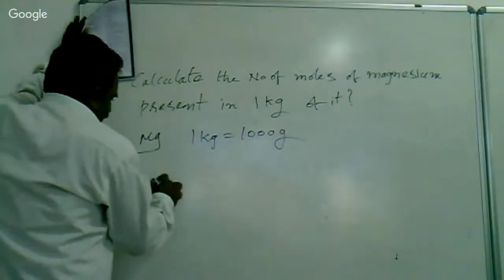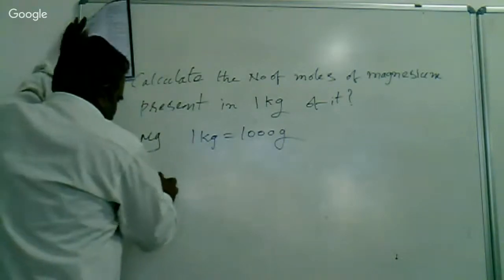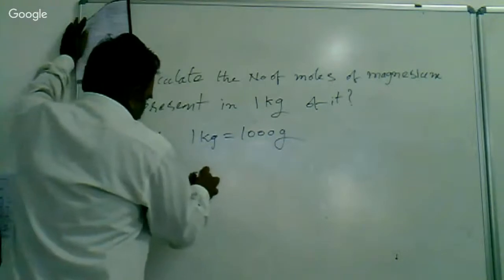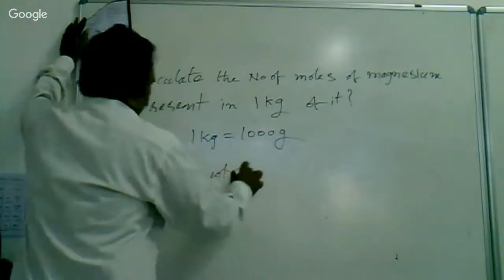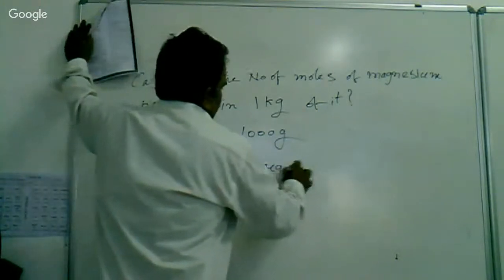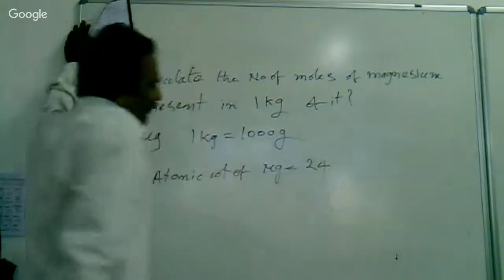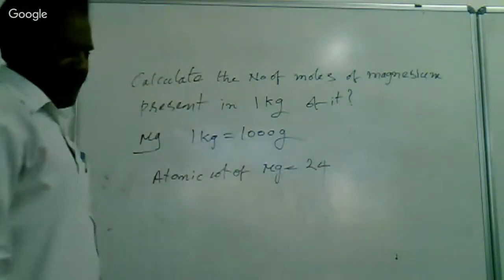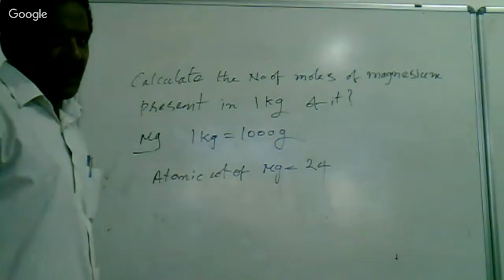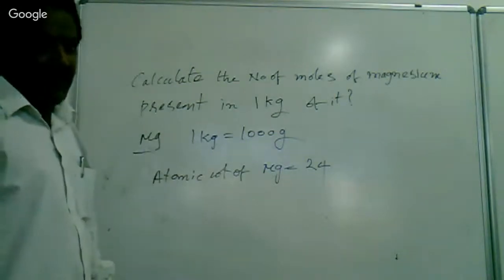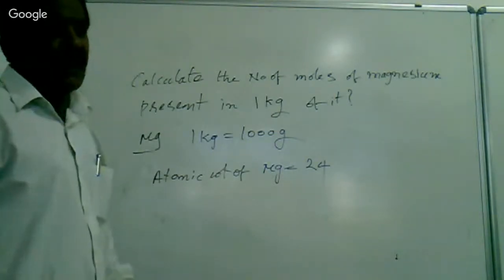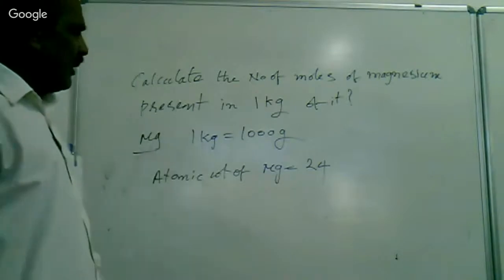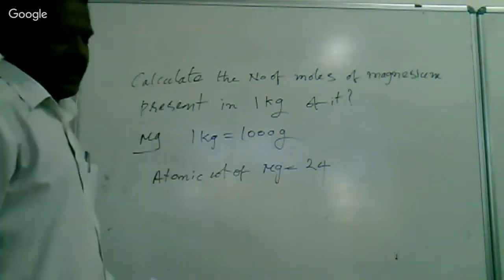So what is the atomic weight of magnesium? Atomic weight of Mg is equal to 24. Why? Because magnesium's atomic number is 12. Usually the atomic mass is twice that of the atomic number, or it may be a little bit more, but that value will be given here. Mg atomic weight is 24.